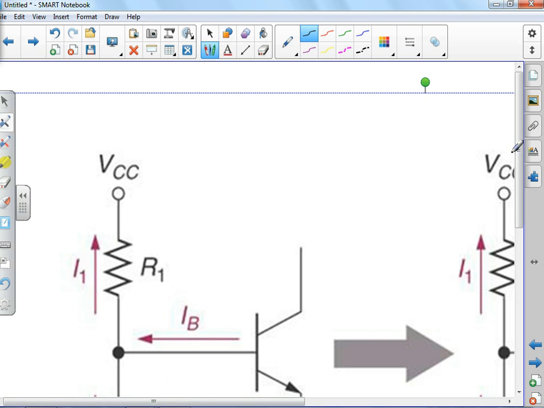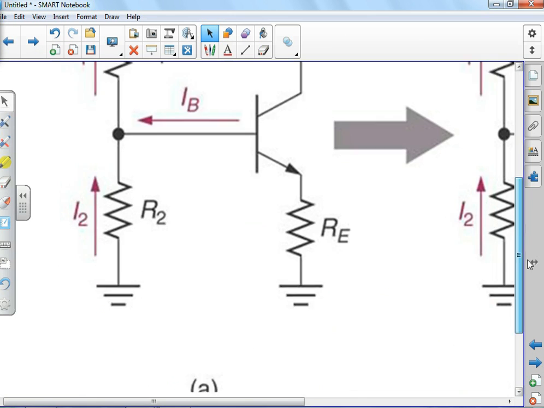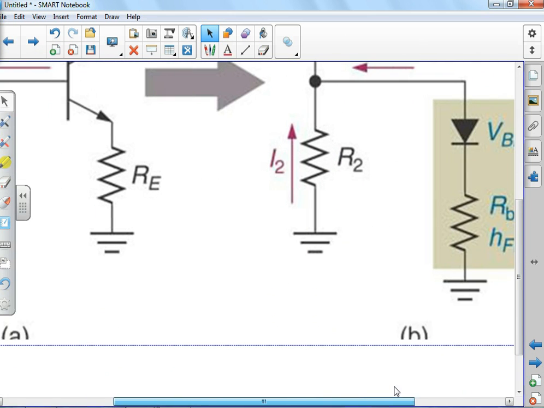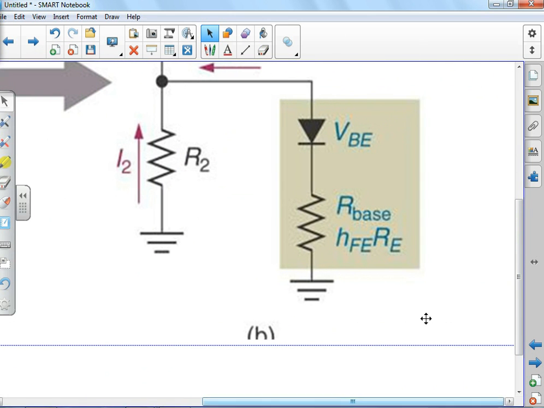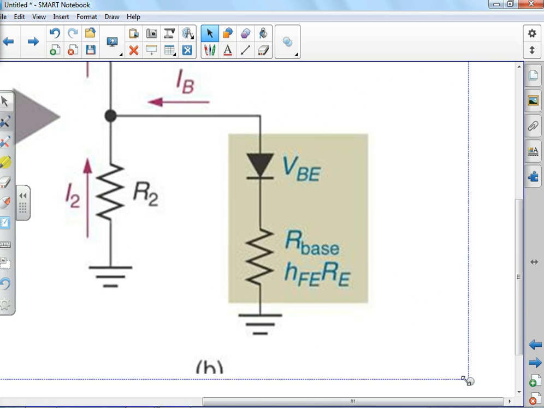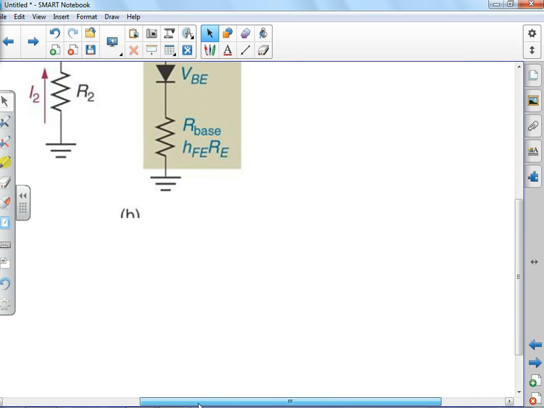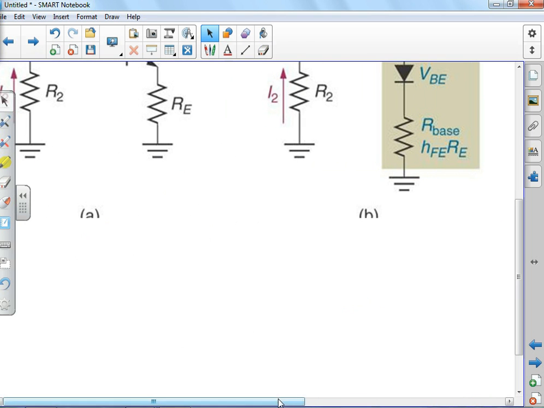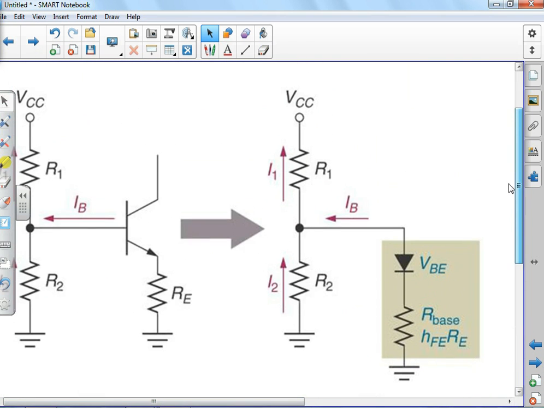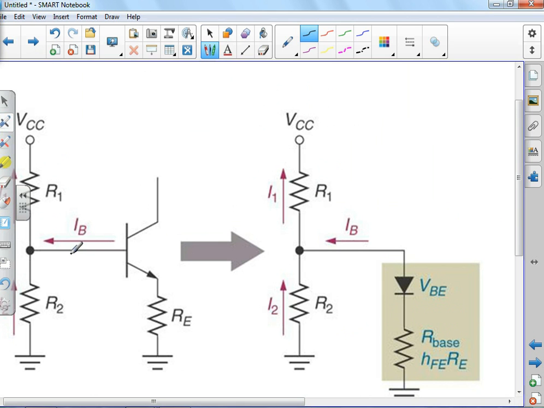I will need to move back to this picture because we have a problem with current flowing the wrong way in our drawing. Oh, much better. All right, so my current is flowing that way, and this way.